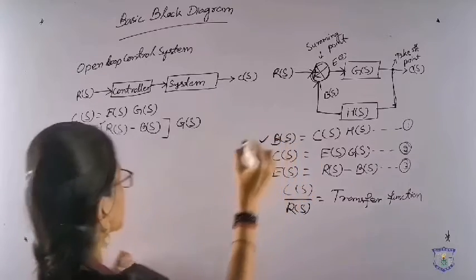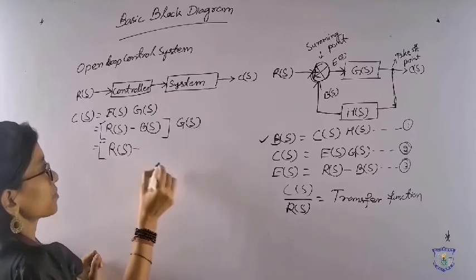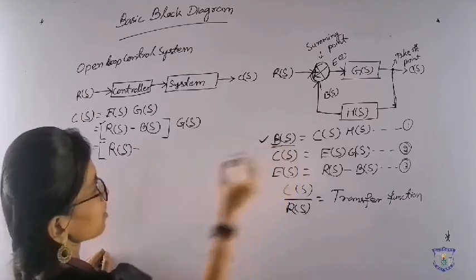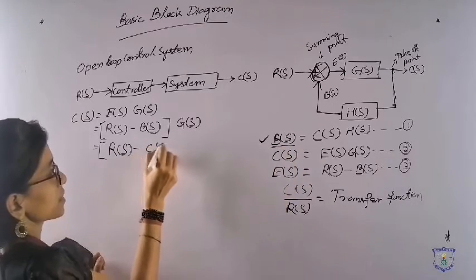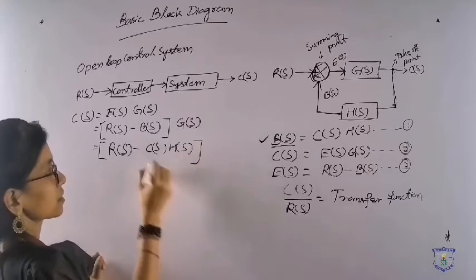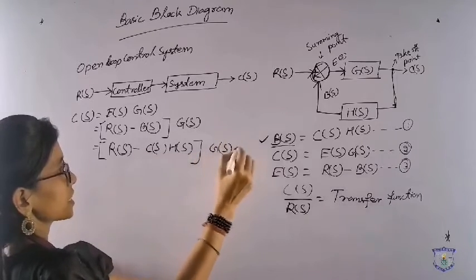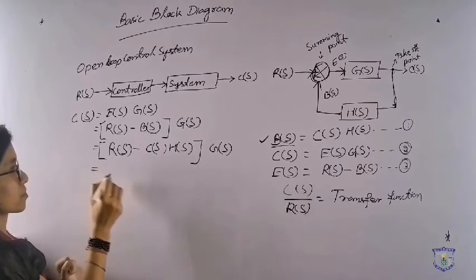Now by replacing this equation here, we can write R(s) in place of B(s). There is C(s) into H(s), G(s) as it is.